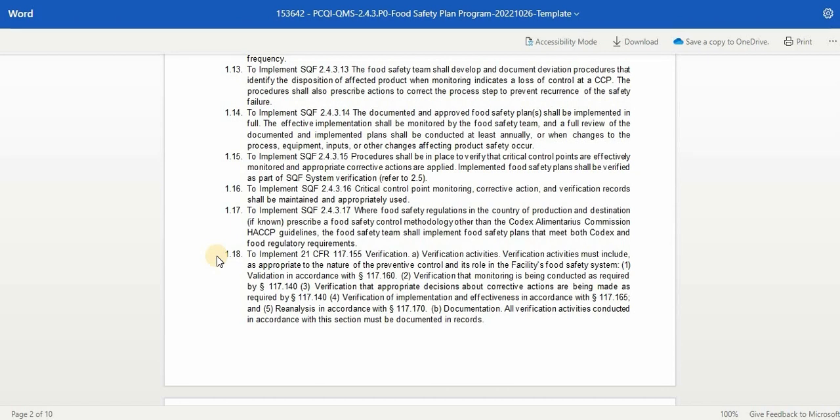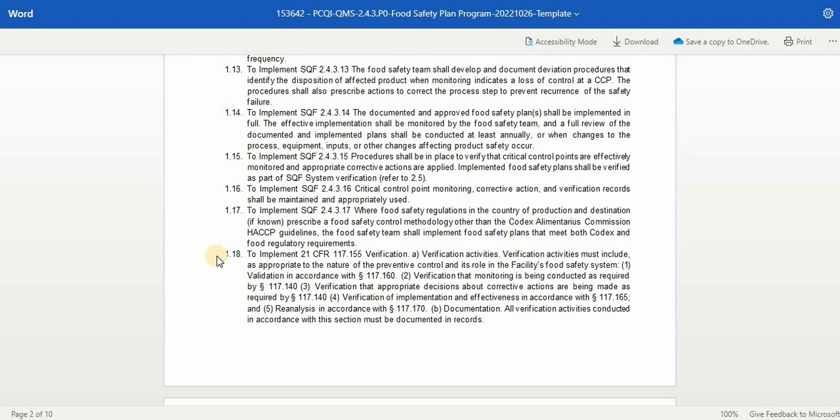A. Verification activities. Verification activities must include, as appropriate to the nature of the preventive control and its role in the facility's food safety system: 1. Validation in accordance with 117.160. 2. Verification that monitoring is being conducted as required by 117.140. 3.